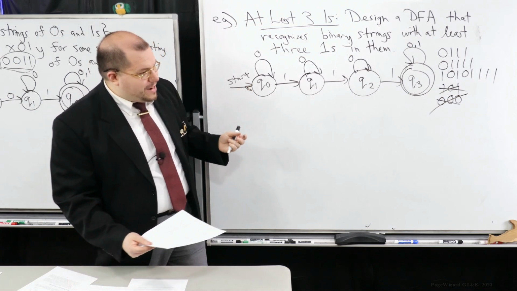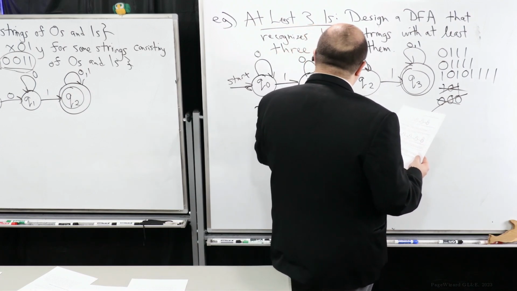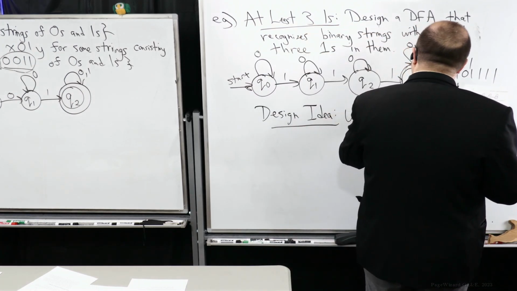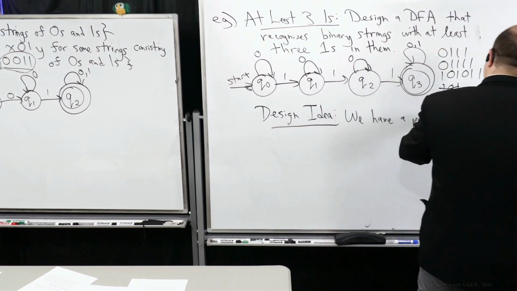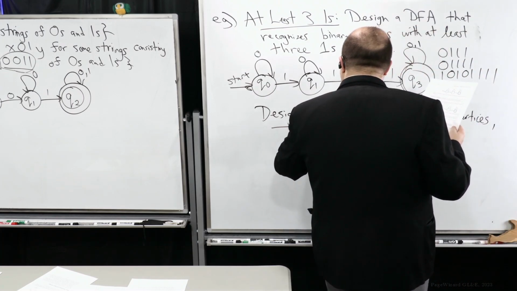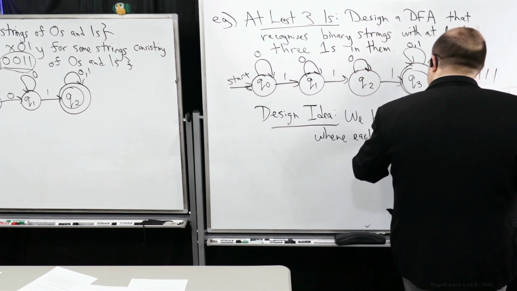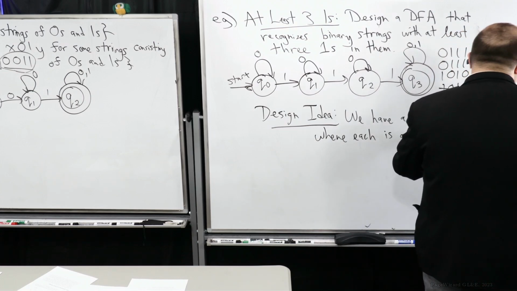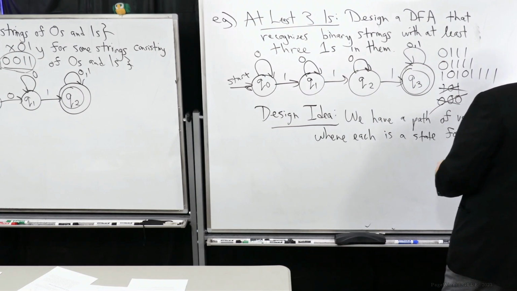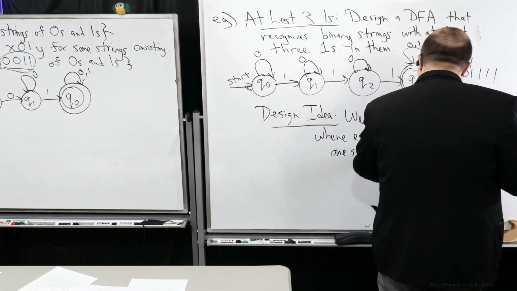So just keep in mind, actually, I'll just summarize what we just did here, just to give you an idea of how this all came together. So the design idea here is we have a path of vertices where each is a state for when one symbol 1 is read.